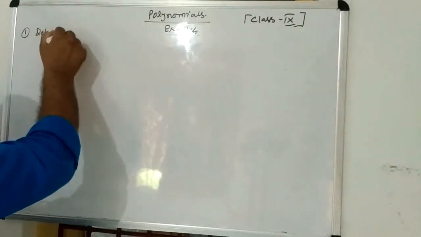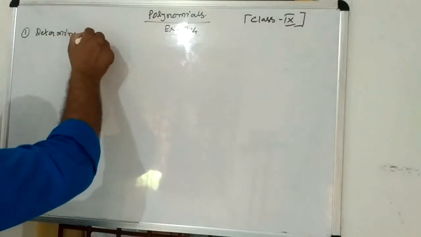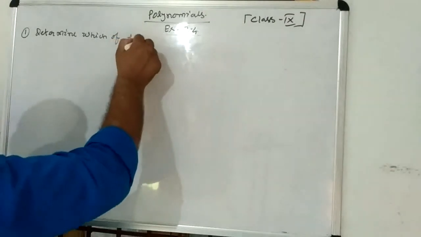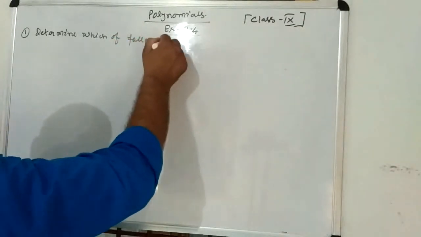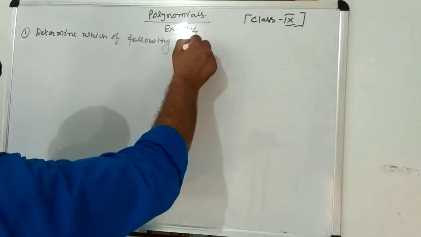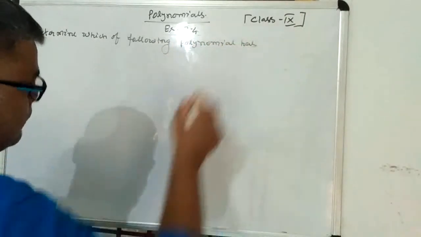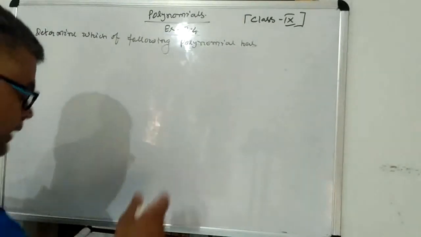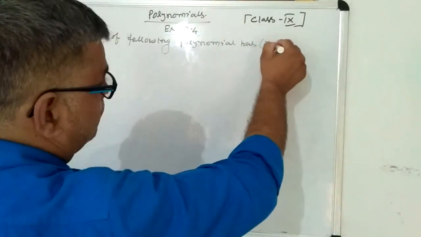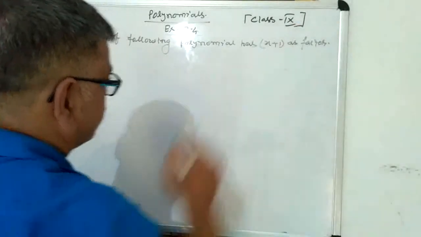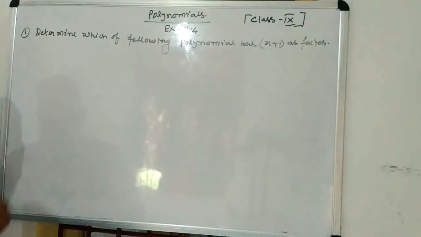Determine which of the following polynomials has x plus 1 as a factor. It means that you have to check whether x plus 1 is a factor or not for the given polynomials.